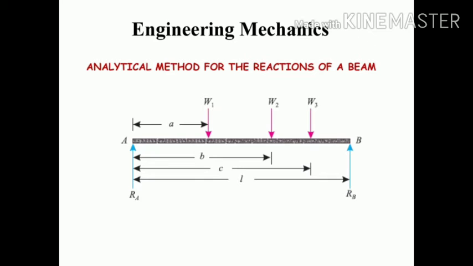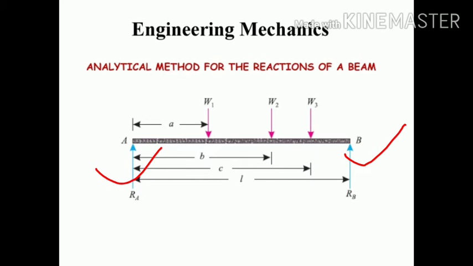Here we can see a simply supported beam with points A and B having reactions RA and RB, and loads W1, W2 and W3 acting on it. Suppose load W1 acts at distance a from point A, W2 acts at distance b from point A, and W3 acts at distance c from point A, and the overall length of the beam is L. How can we find the reactions RA and RB?